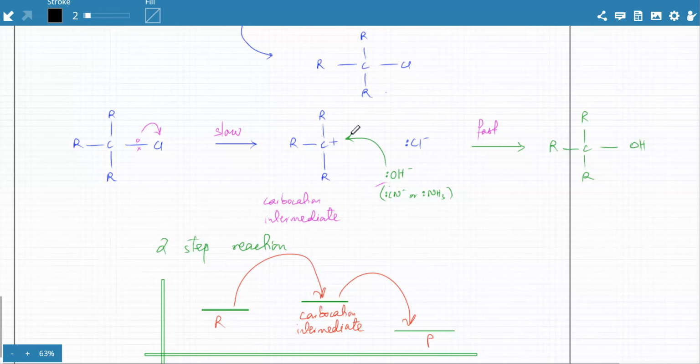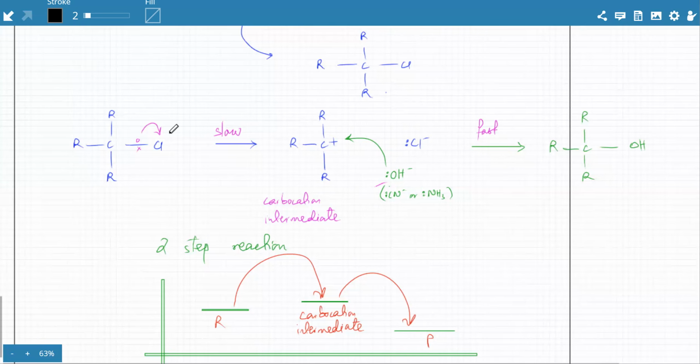It's not going to attract this. And if the OH minus ion concentration is sufficiently high, then there would be a very good chance that the OH minus 1 would come and attach with the carbon atom over here and an alcohol would be produced. So it was a two-step reaction where the first step was a slow step and the second step was the fast step. And this was known as the SN1 mechanism.